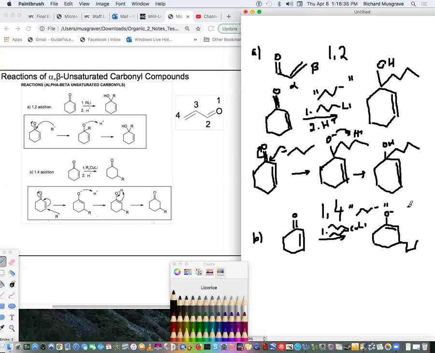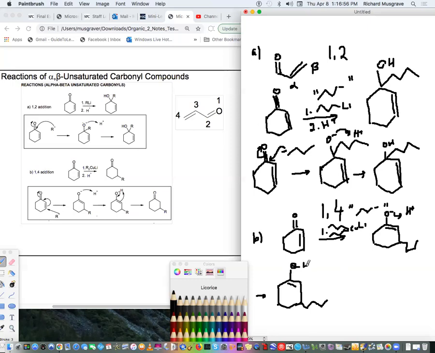and then we get the H plus adding on to the O minus. And this creates what's called an enol.